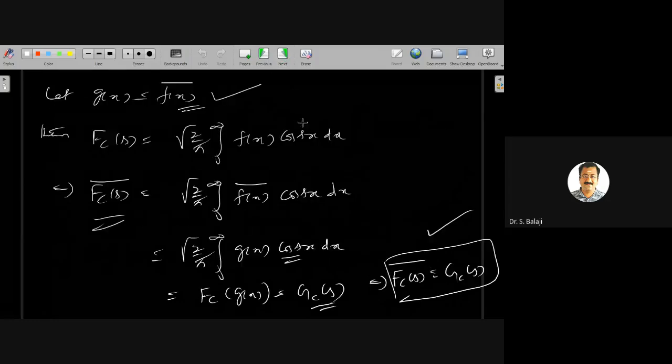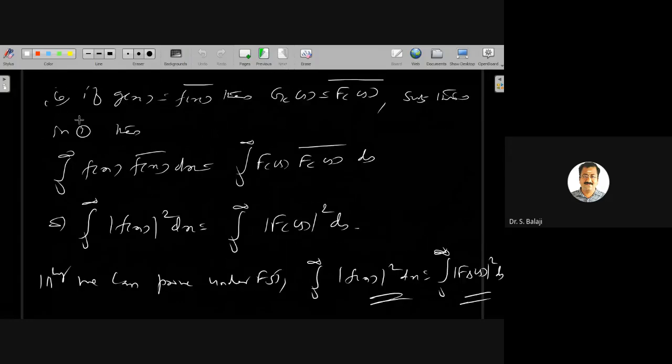Suppose we substitute these results here. If g(x) is equal to f(x) whole bar, then gc(s) is equal to fc(s) whole bar. I must substitute this in equation number 1.